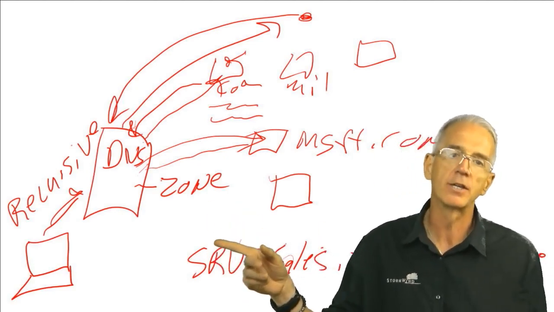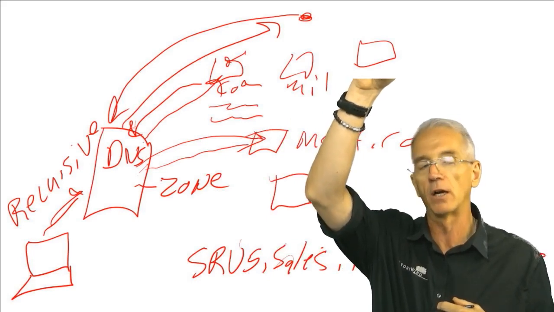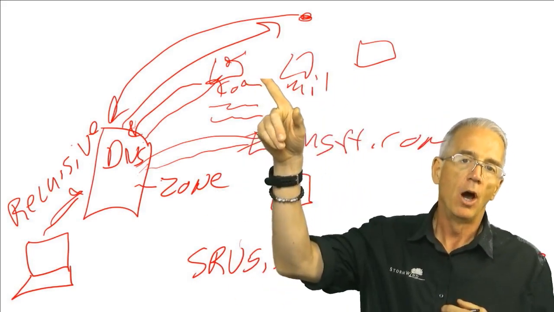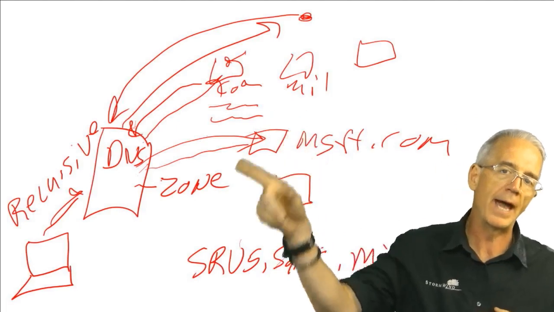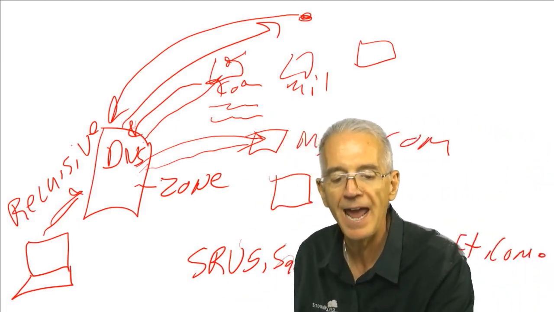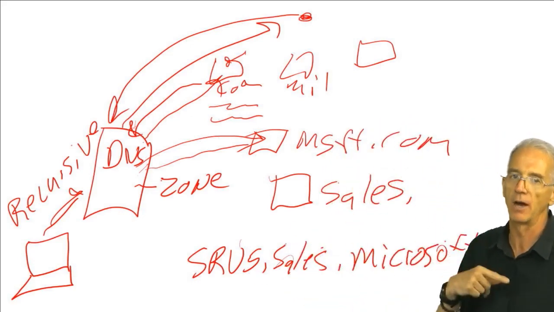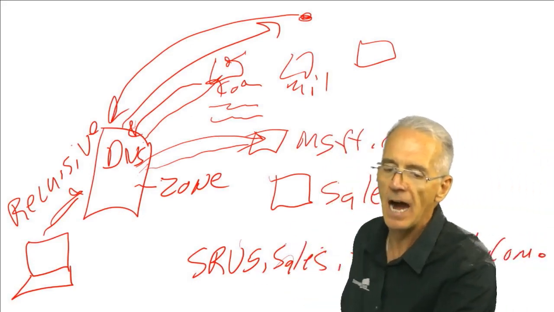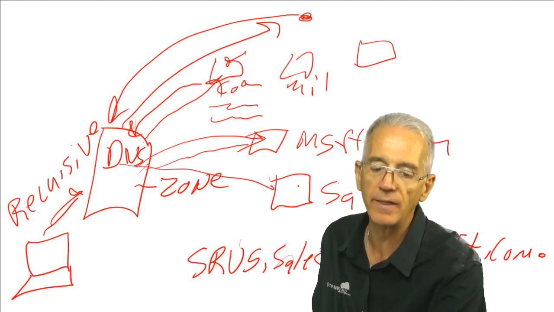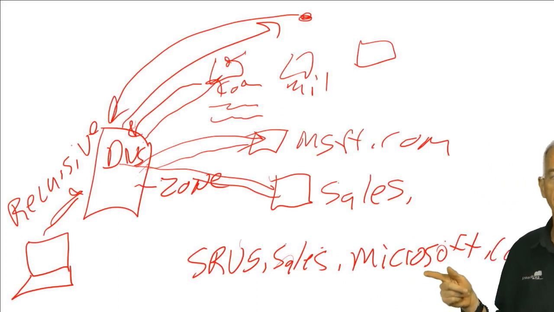So then my DNS server goes, oh, great, unnamed root. Hey, I'm looking for server15.godaddy.com. Oh, I'm looking for the name server for GoDaddy. Here's the GoDaddy server. That GoDaddy server happens to have a delegated subdomain for sales.microsoft.com. So now I send the query there and I say, hey, I'm looking for server5.sales.microsoft.com.